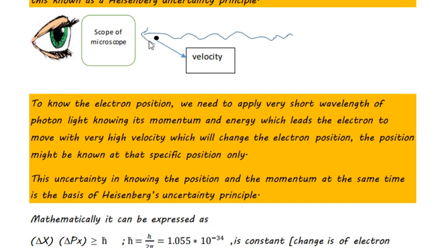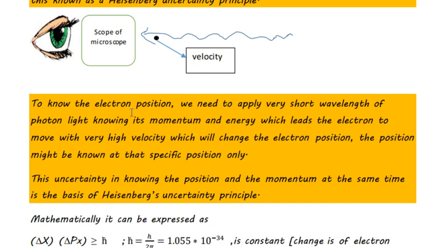To let him detect and see the electron, there must be a collision, and some amount of energy and momentum will transfer from the light to the electron. This has a proportional relation: as the energy and momentum carried by the light increase, the amount of energy transferred to the electron increases at the same time.